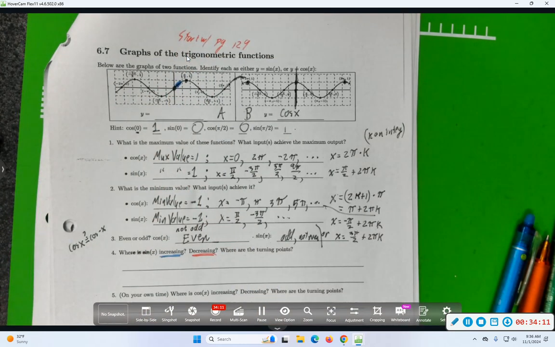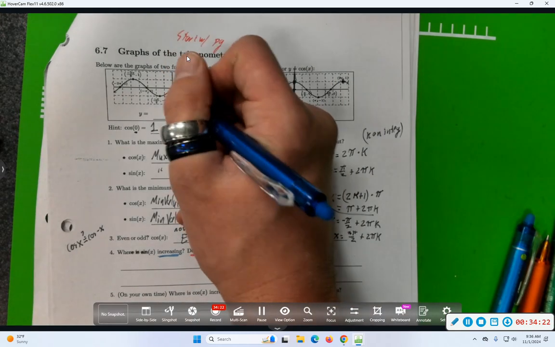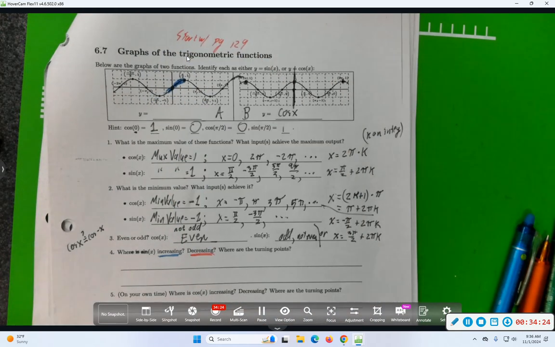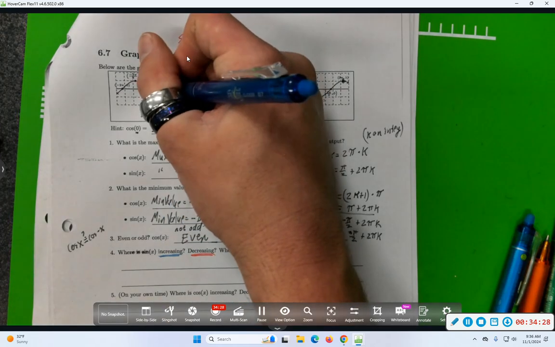How far to the right can I go and still have that function be increasing? When does it stop? Pi over 2. So I make it all the way to pi over 2, and then it stops increasing. How far to the left can I go and still have it be an increasing function? Negative pi over 2.